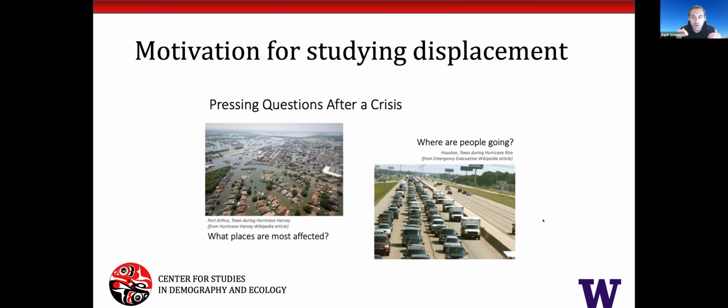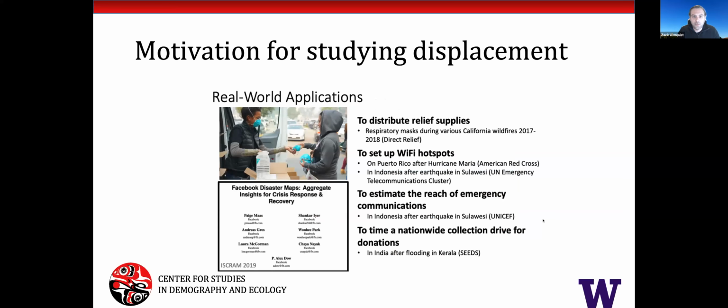All right, so imagine you have a big disaster, flood, fire, hurricane, whatever. The core questions that immediately occur, of course, is what places are most affected and where are people going? So why do we care about this?